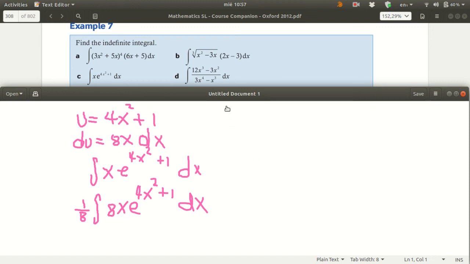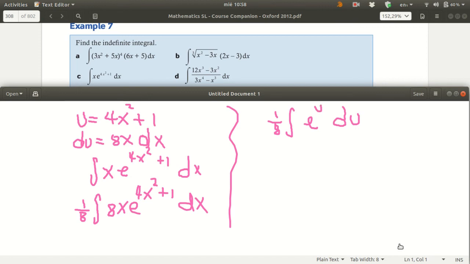So now we can apply the substitution. We're going to have 1/8 outside and we can apply the substitution here. So 8x dx is du and e to the power of 4x squared plus 1 is just e to the power of u.